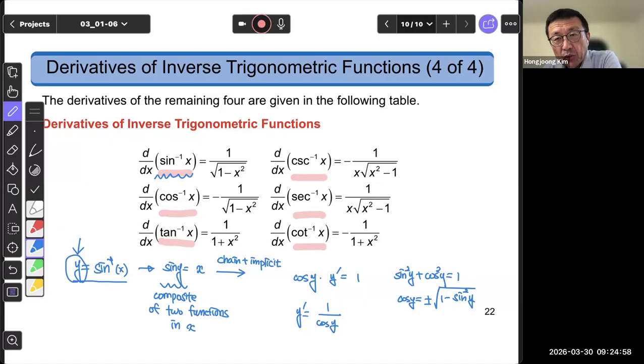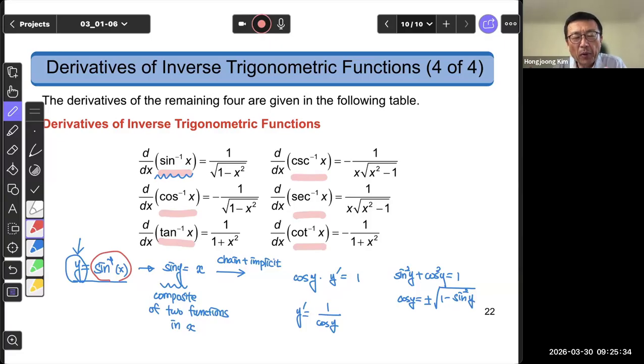Now at that point, we need to remember one fact, that originally the sine function is periodic, meaning it is not one-to-one. That means it is not invertible in its original definition. But sometimes I want to define the inverse of a function. So this inverse of a function implies that your sine function is one-to-one.